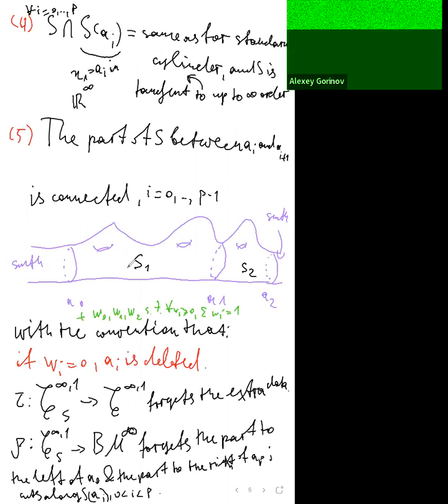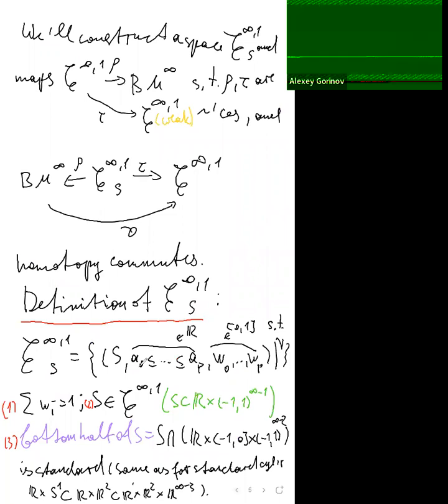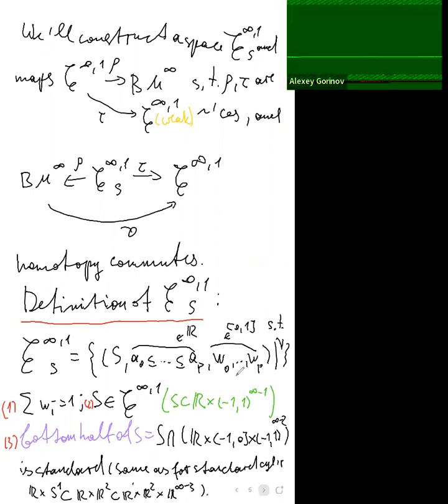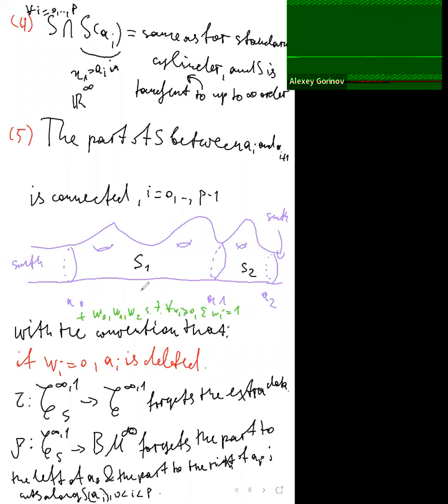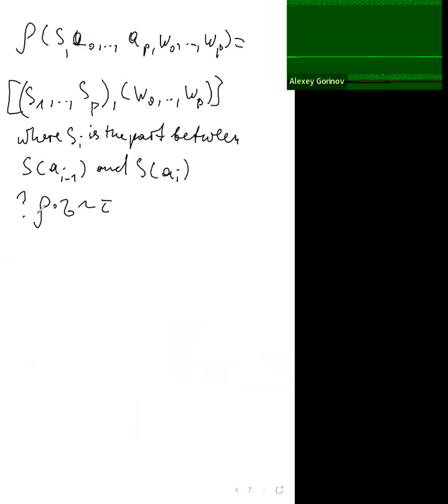Well, tau just forgets the extra data. What is the extra data? It forgets the AIs and the WIs. Okay, so this is easy. Now, what does sigma rho do?